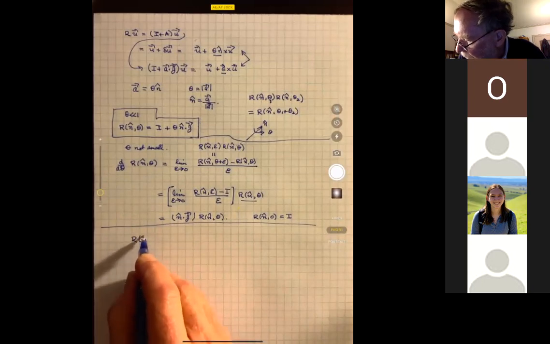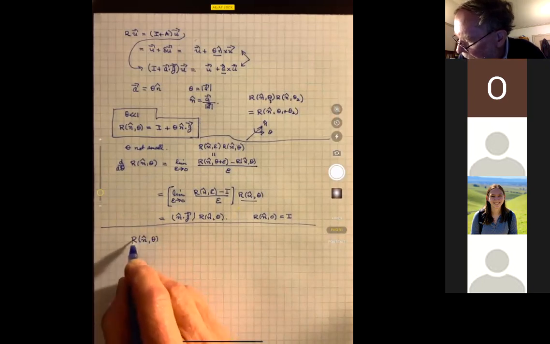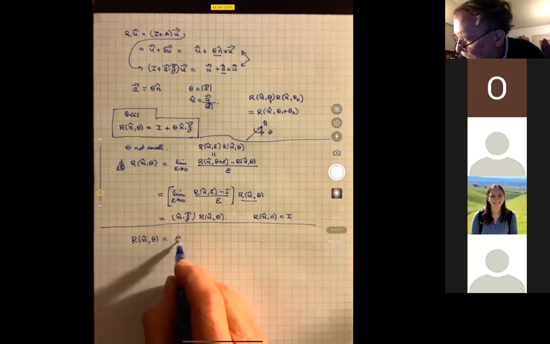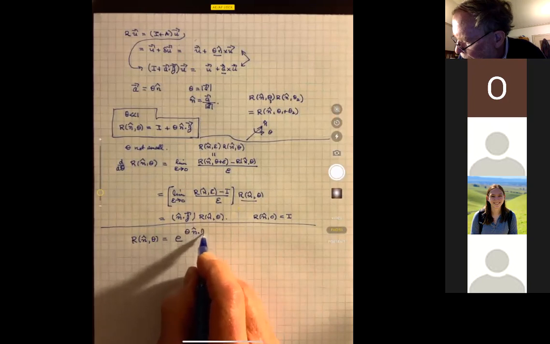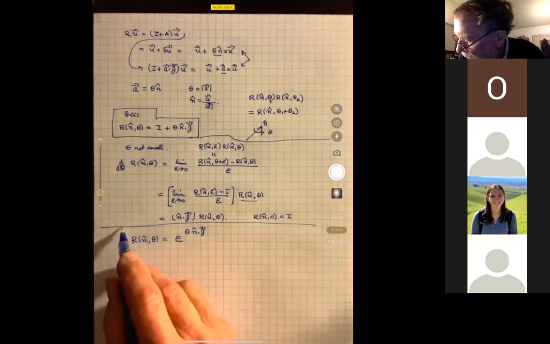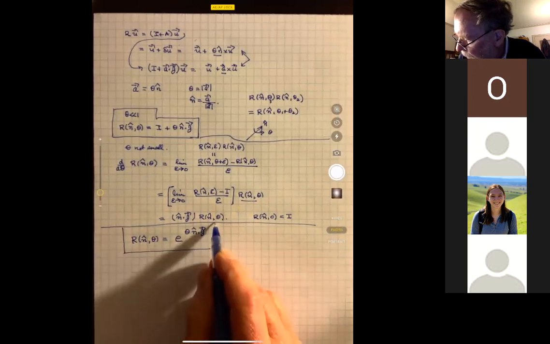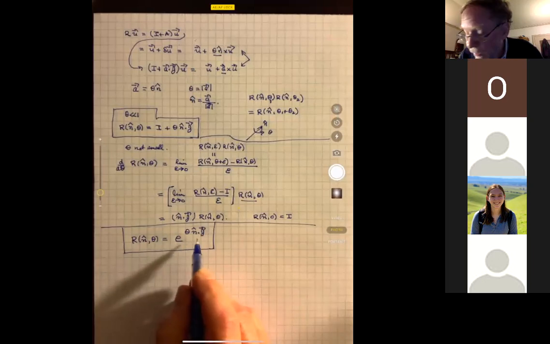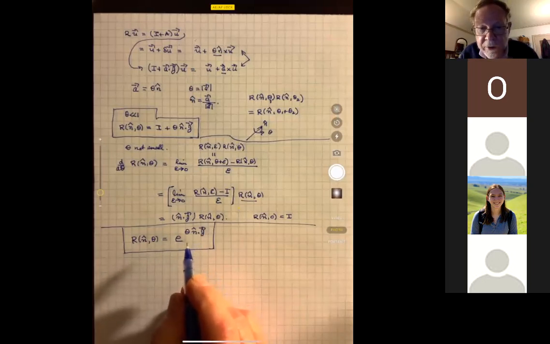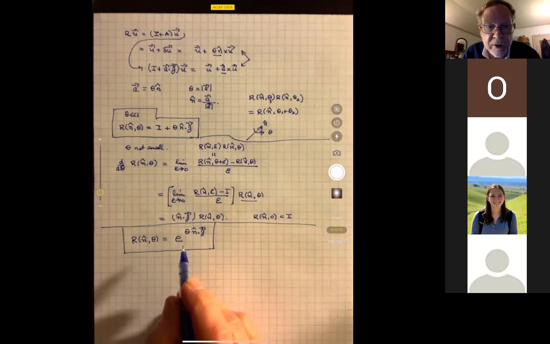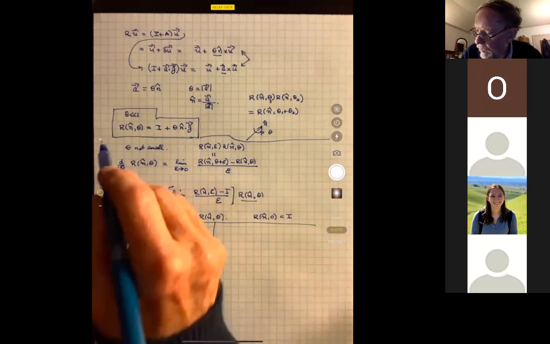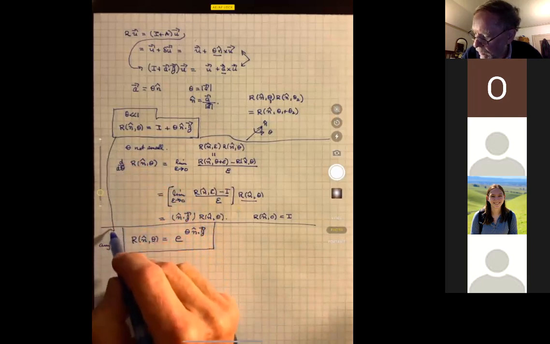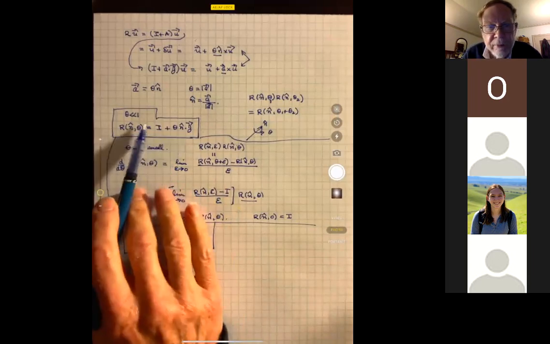And we end up finding that R of n hat comma theta, now when theta is not necessarily small, is equal to e to the theta times n hat dotted into script J. In other words, we get to write it as an exponential of an antisymmetric matrix, you see. So this is for any theta, and it generalizes what we had above, which applied to small theta.